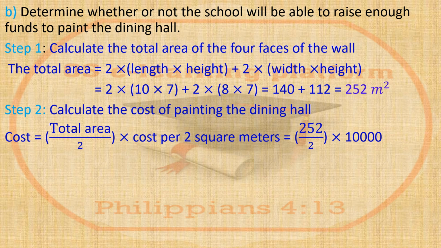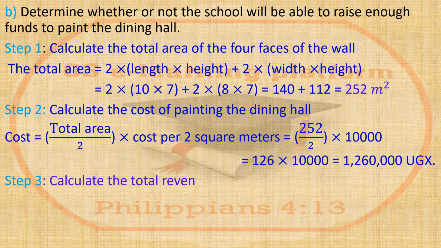So for the cost, I will get the total area divided by 2 times the cost per 2 square meters, and I have got something similar to that amount: 1,260,000 Uganda shillings.